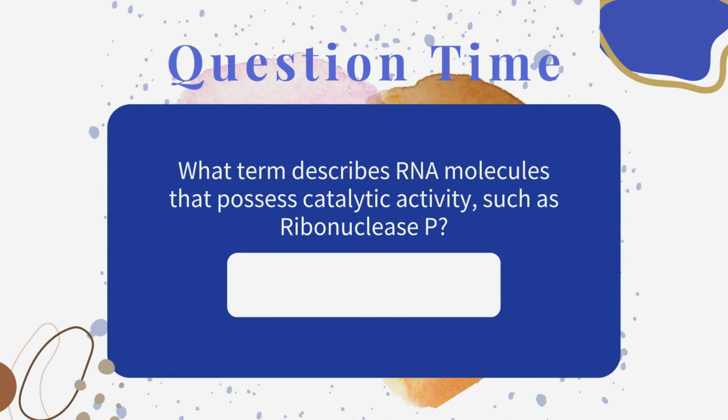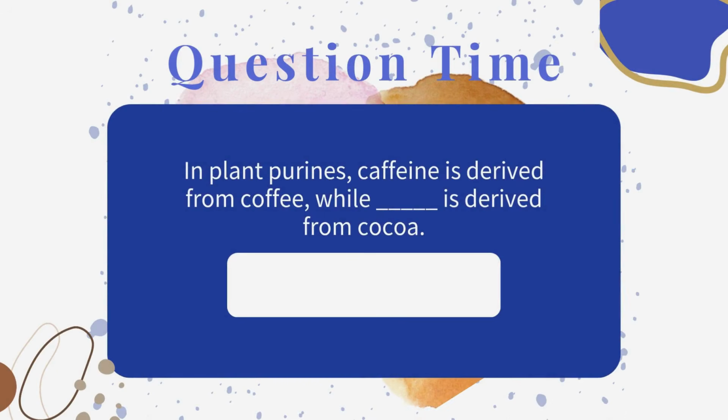What term describes RNA molecules that possess catalytic activity, such as ribonuclease P? Ribozymes. Well done. In plant purines, caffeine is derived from coffee, while dash is derived from cacao. Theobromine.